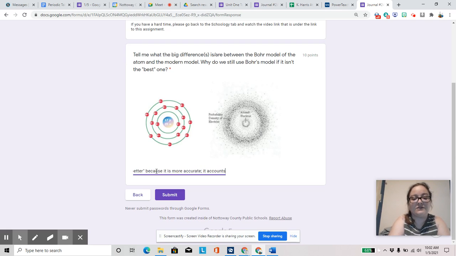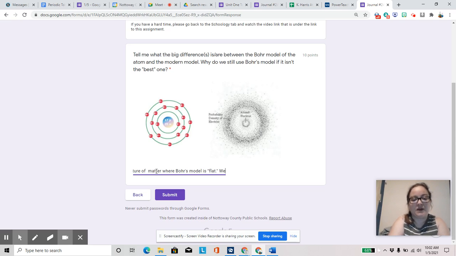It accounts for the three-dimensional nature of matter, where Bohr's model is flat. I'm going to put flat in. It's not really flat. It's more like a fried egg, but it's almost flat. So we're going to go flat.